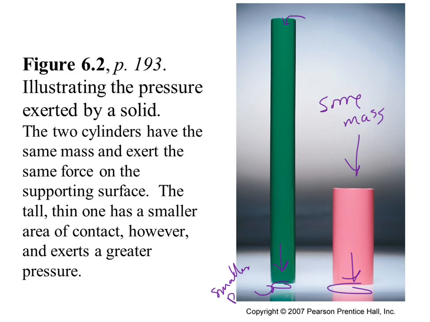P is higher. It's intuitive: you have a certain amount of force, related to the mass or weight of those objects, and if it's distributed over a larger area, like this pink one, the pressure is going to be less. It just is.